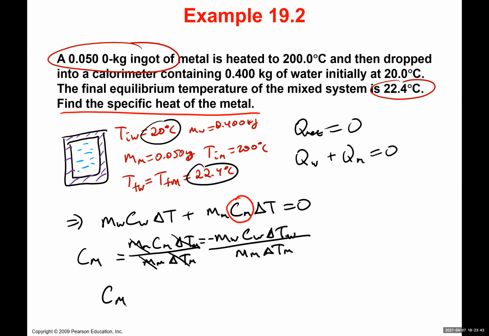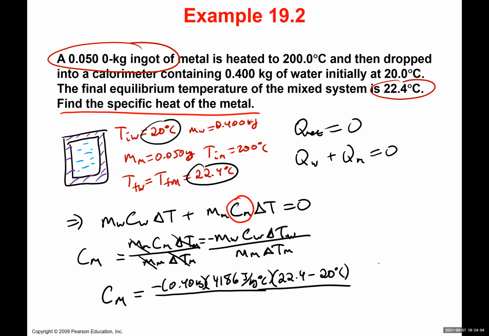So the specific heat of the unknown metal equals negative mass of water, which was 0.4 kilograms, times specific heat of water, 4186 joules per kilogram degrees Celsius, times the change in temperature of water, which is 22.4 minus 20 degrees Celsius. Then in the denominator, I have the mass of the metal, which is 0.05 kilograms, times the change in temperature, which is 22.4 degrees Celsius minus the initial, which was 200 degrees Celsius.